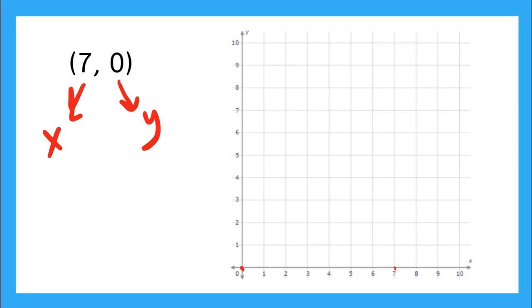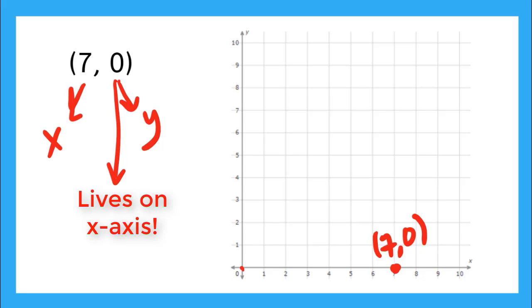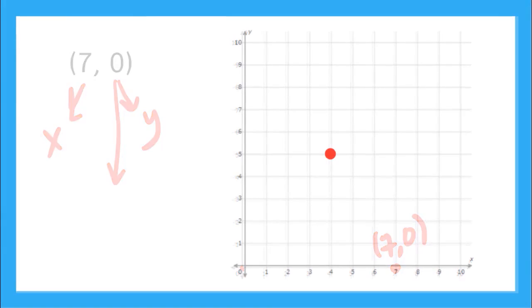So where these two points meet is right here on the x-axis. That point, 7, 0, that my ordered pair tells me, lives on the x-axis. So just like the last problem, anytime we have a 0 in our y-coordinate, that point is going to live on the x-axis.